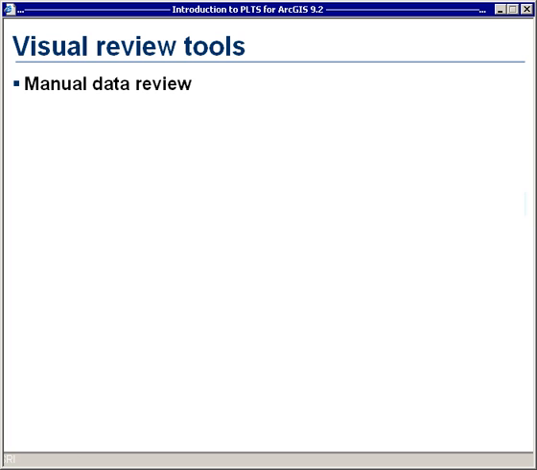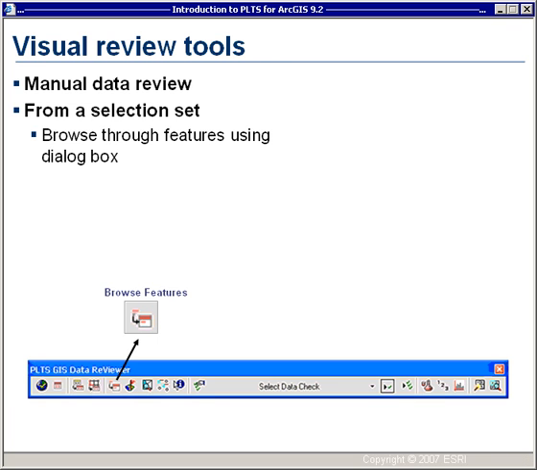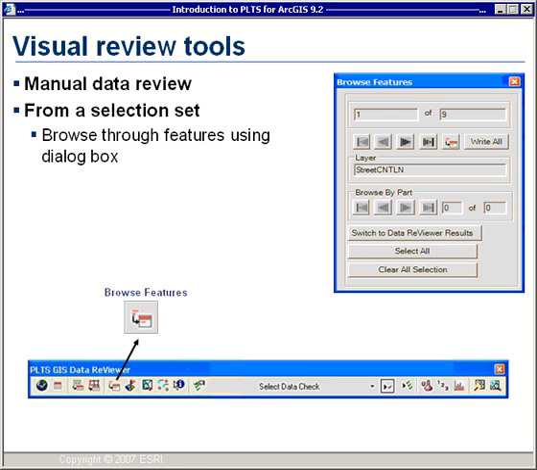This is a more time-consuming process because you will typically visit each feature or a selected set of features. If you are working with a selected set of features, you can browse the selection using the Browse Features tool on the GIS Data Reviewer toolbar, shown here. This will open the Browse Features dialog. When browsing each feature, you can choose to commit the feature to the reviewer table.